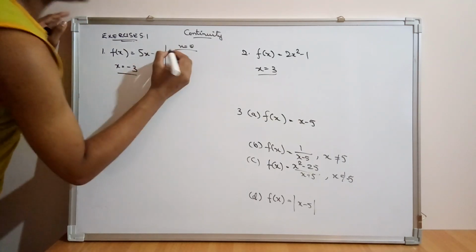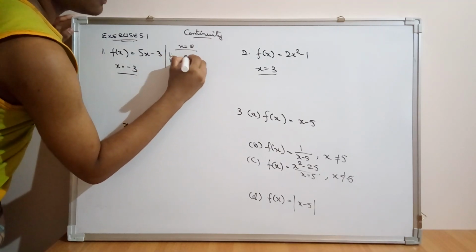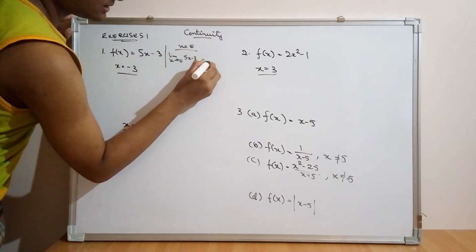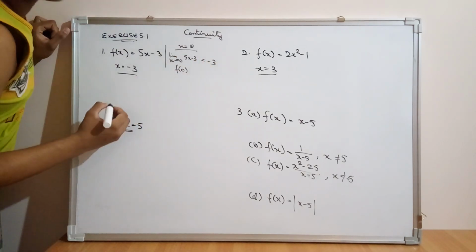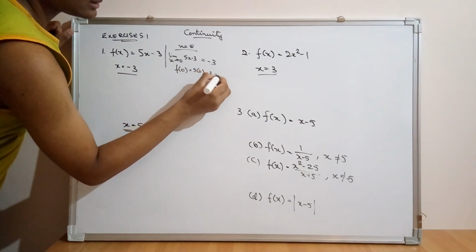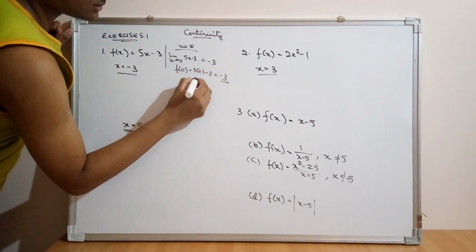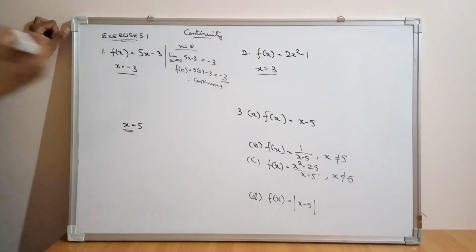One limit is more than enough. The limit as x tends to 0 of 5x minus 3 is minus 3. Then f of 0 is 5 into 0 minus 3, that is again minus 3. Therefore continuous at x is equal to 0.